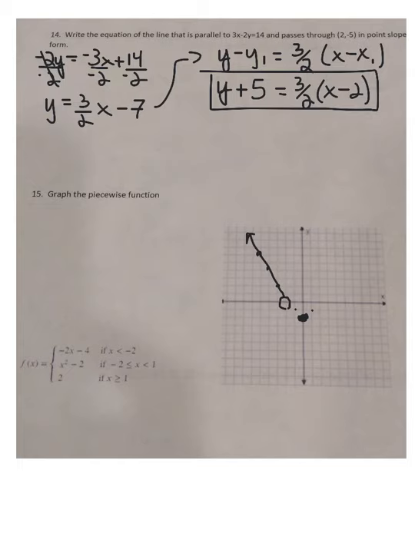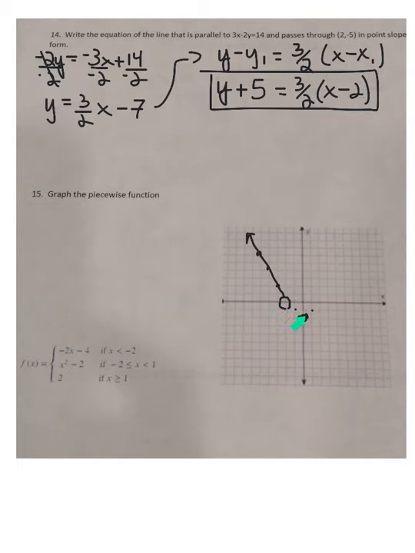Okay? Now, I just want to take a look here at my domain. My domain says stop when x is 1. And this is x is 1, so that's going to be the last point on that part of the parabola. However, over here it says to go to -2, and right now I'm at -1. So I need to plot another point there.